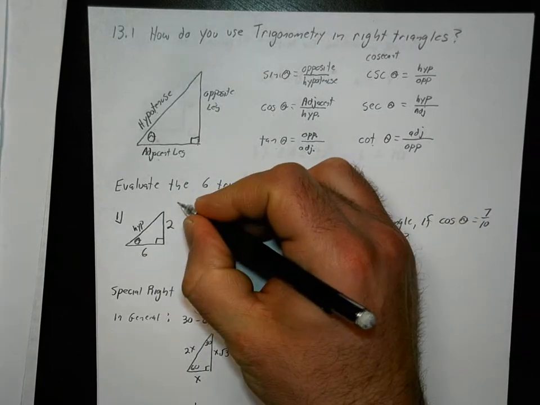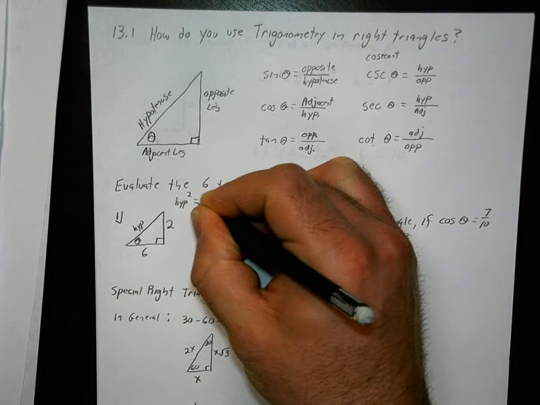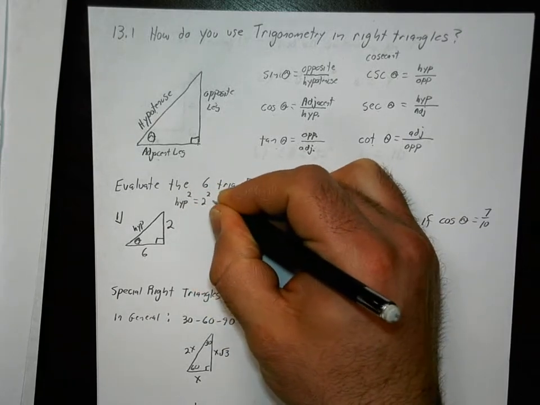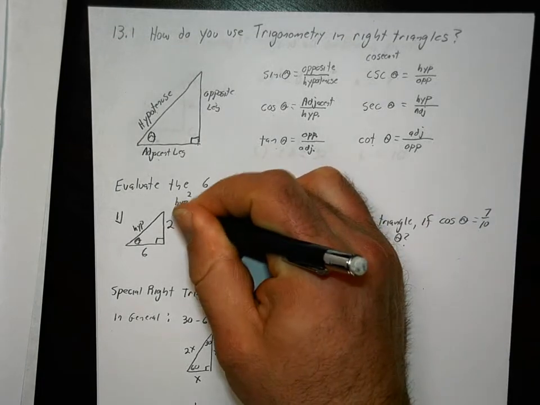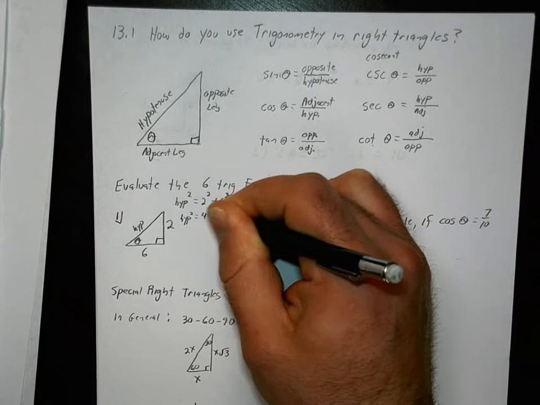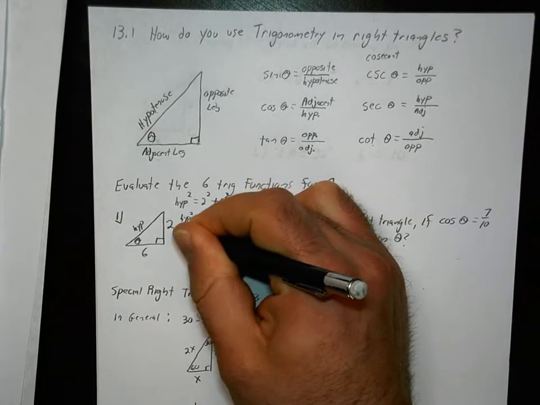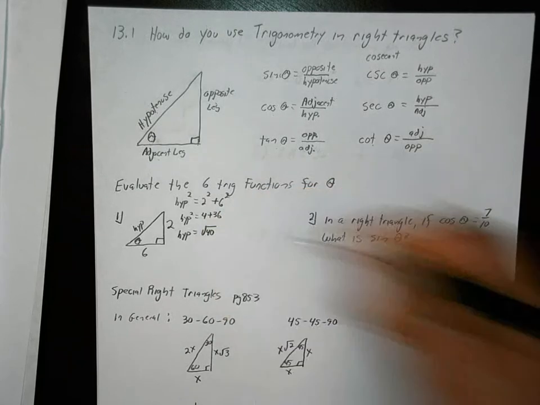Okay, so in this case, the hypotenuse squared is equal to the sum of the 2 legs squared. So we're going to have 4 plus 36. So hypotenuse is going to be the square root of 40.